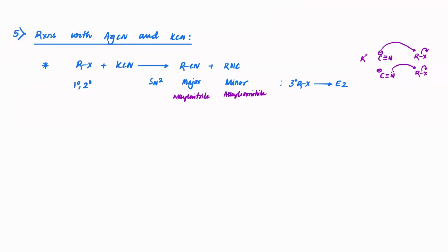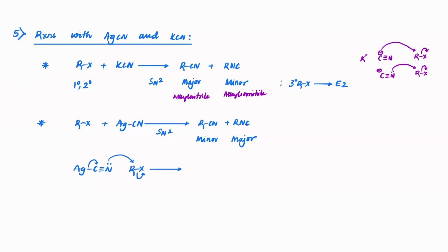What if you have AgCN instead? So that is the next reaction. If AgCN is the one reacting, again you will get two products, but this time isocyanide, or isonitrile, is the major product. This is because Ag and CN are covalently bonded, so there is no carbanion present here.